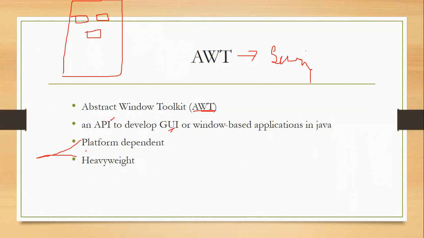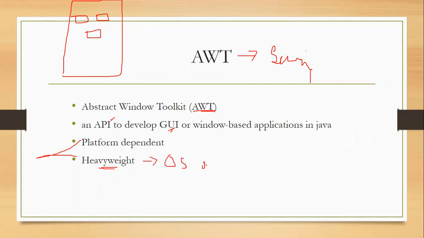As I was telling you earlier, AWT is platform dependent, which means, according to the view of your operating system, the components will be done. And it is also heavyweight. Heavyweight means all the components you use in the AWT will be using your OS resources.